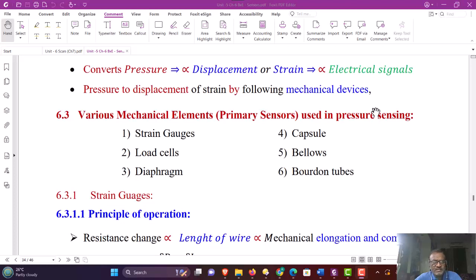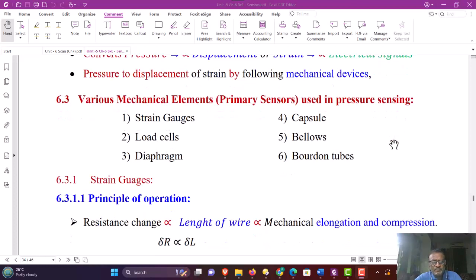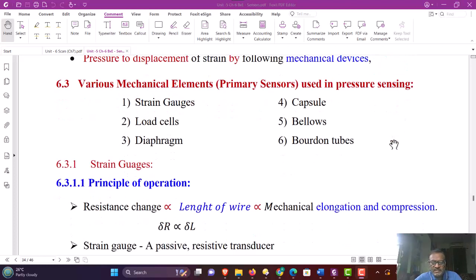The strain gauges convert this mechanical strain to proportional resistance. Various types of mechanical elements, the primary sensors used in pressure sensing, are listed below. The strain gauges, the load cells, the diaphragms, the capsules, bellows and Bourdon tubes are quite common.